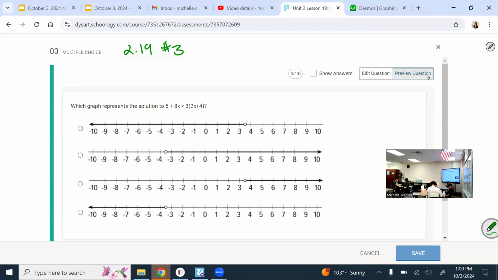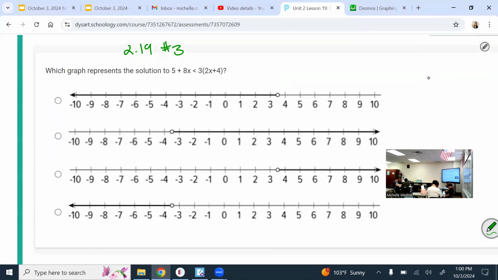So we want to pick the graph that represents this. You can solve it, or you can also try graphing it in Desmos and interpret that. I did teach you that too, to check your answers. But let's practice just traditional solving. Do I need to distribute in this one? Yes, so we're going to do that first.